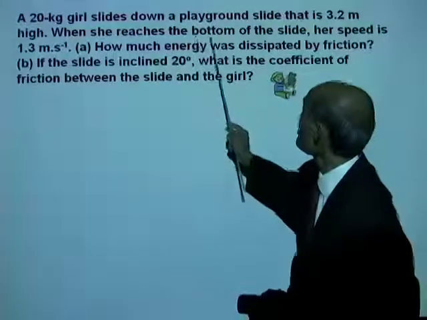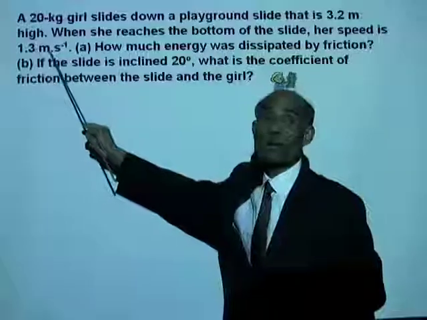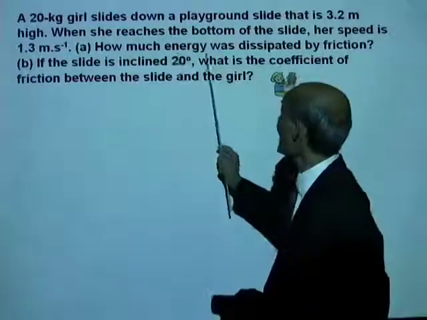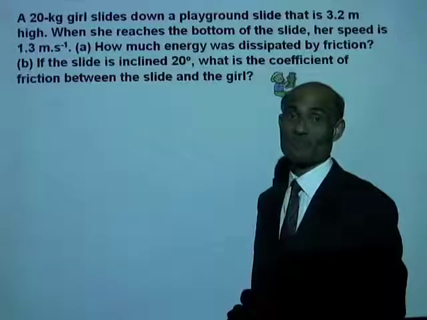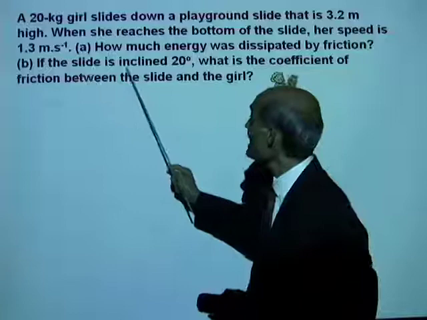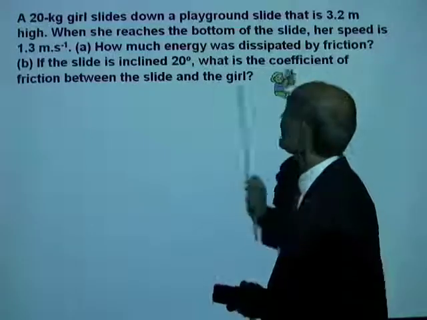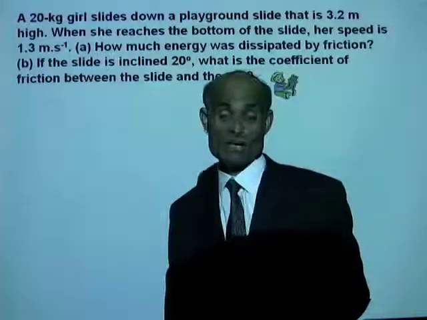When she reaches the bottom of the slide, her speed is 1.3 meter per second. How much energy was dissipated by friction? If the slide is inclined 20 degrees, what is the coefficient of friction between the slide and the girl?